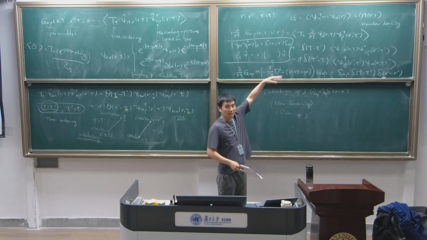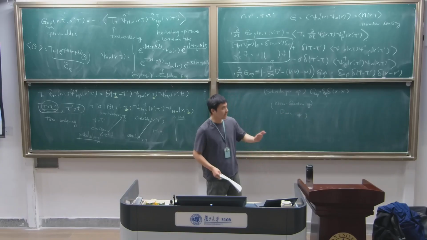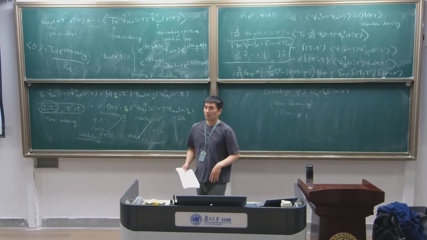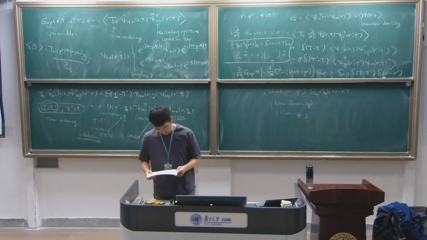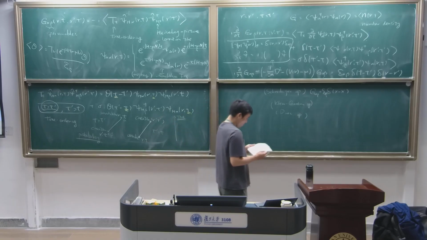Here I use just a non-relativistic system, but if you go to a relativistic system, you just change the Schrödinger operator and replace it by the d'Alembertian. This is the defining equation of the Green function.